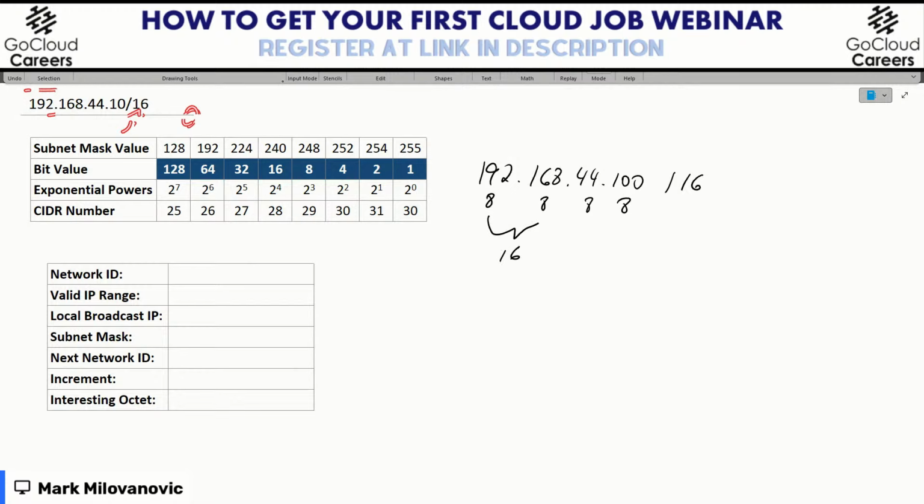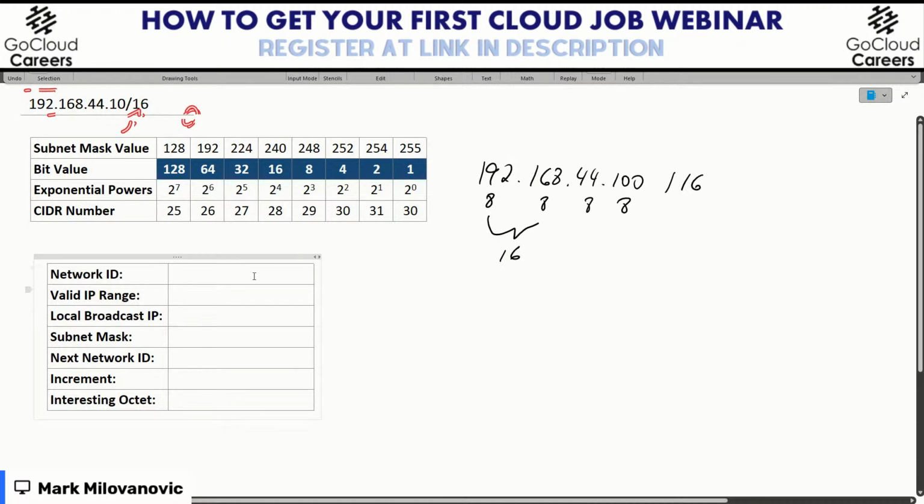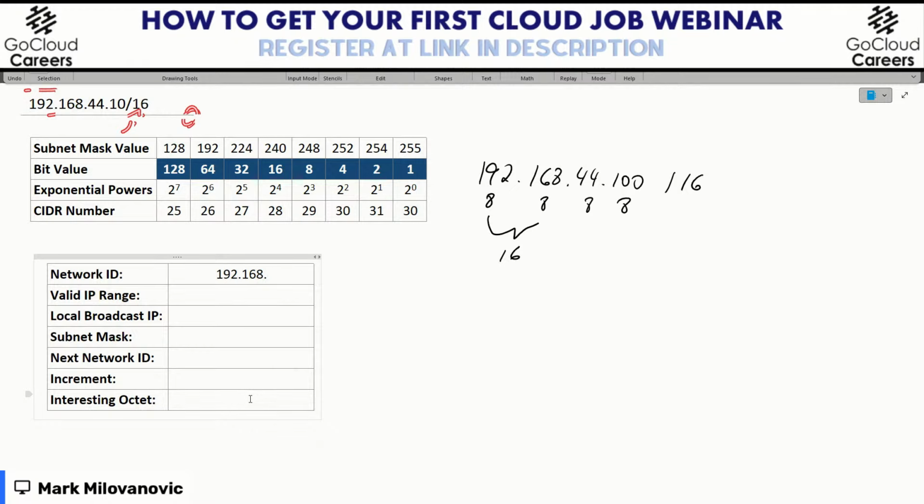So I know right off the bat that my network ID is going to begin with 192 and 168 dot something. I also know that based on that /16, my interesting octet is going to be the second octet. Because if I have 8 bits here, let's count: 1, 2, 3, 4, 5, 6, 7, 8, 9, 10, 11, 12, 13, 14, 15, 16.